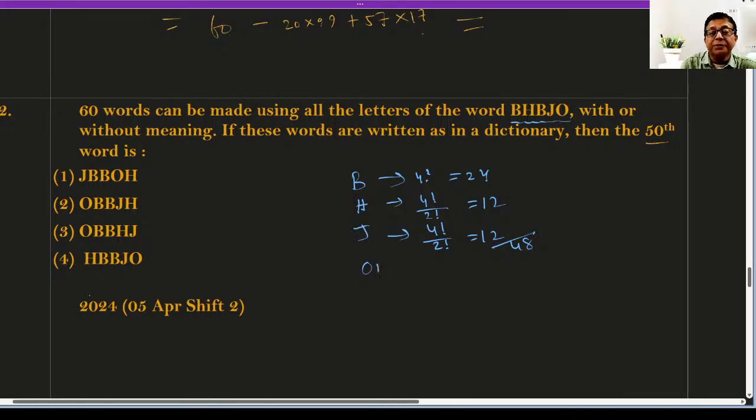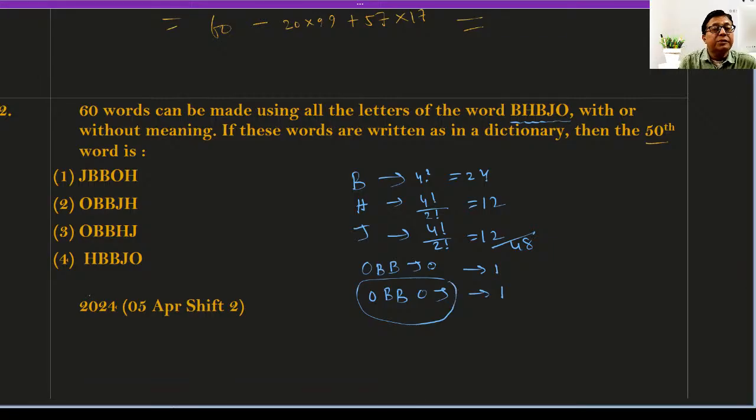Alphabetically which one comes? B, then B, then which one? O, B, B alphabetically. J, O. Isn't it? This is coming next, and then O, BB, OG. So this is the 50th letter. Please check why my option is not matching.